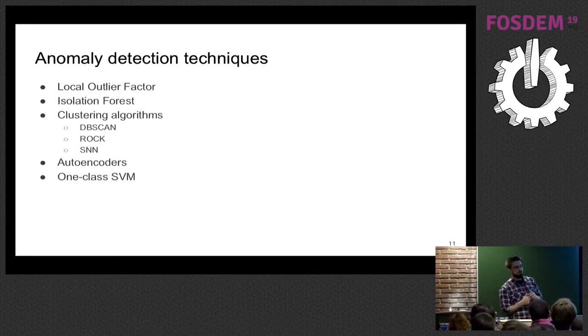The first two here are very popular outlier detection techniques. They are good because they're assigning an anomaly score to each of the classified objects and not just performing a binary classification. Also, they do not make any assumptions about the distribution of the data, which is good in our case.